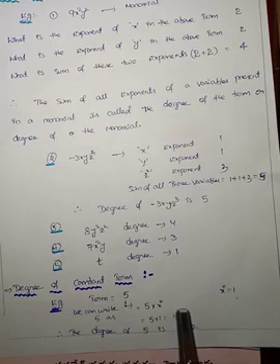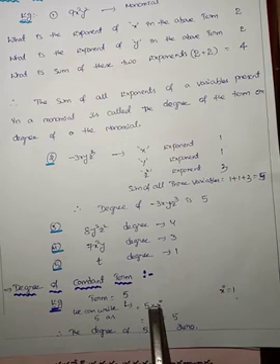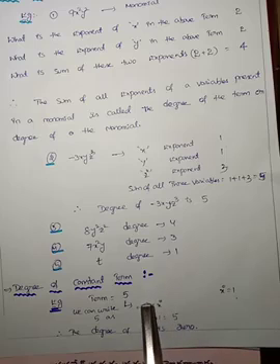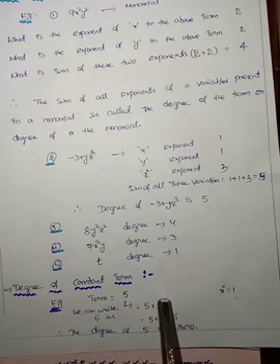So a constant term can be written like this: 5 into x power 0, or 5 into y power 0, or 5 into z power 0. Any variable with power 0 multiplied with the constant means the degree of the constant is 0.